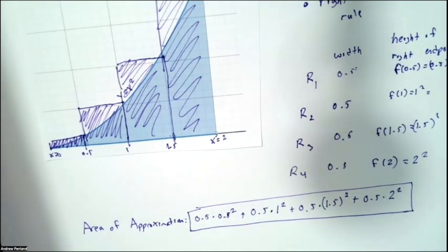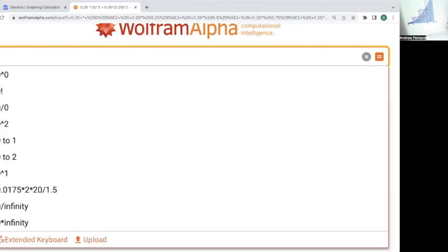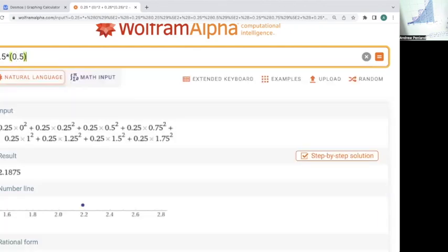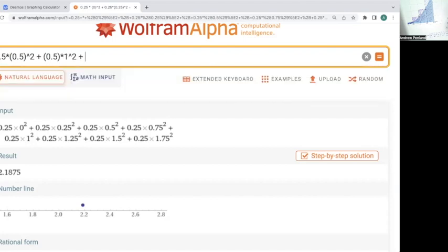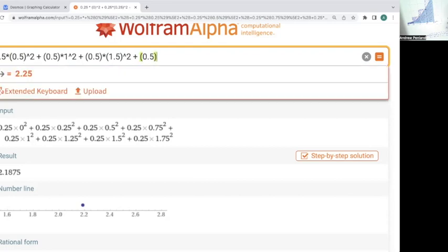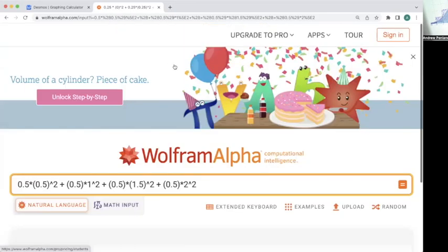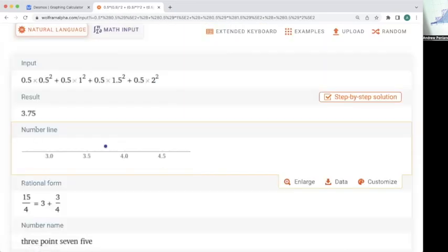And if I calculate that out, my approximation there would be 3.75. So when I do an approximation with rectangles, I have to make a decision. I have to decide how many rectangles I'm going to use, and if I'm going to use the left or the right-hand method to get the height of my rectangle.